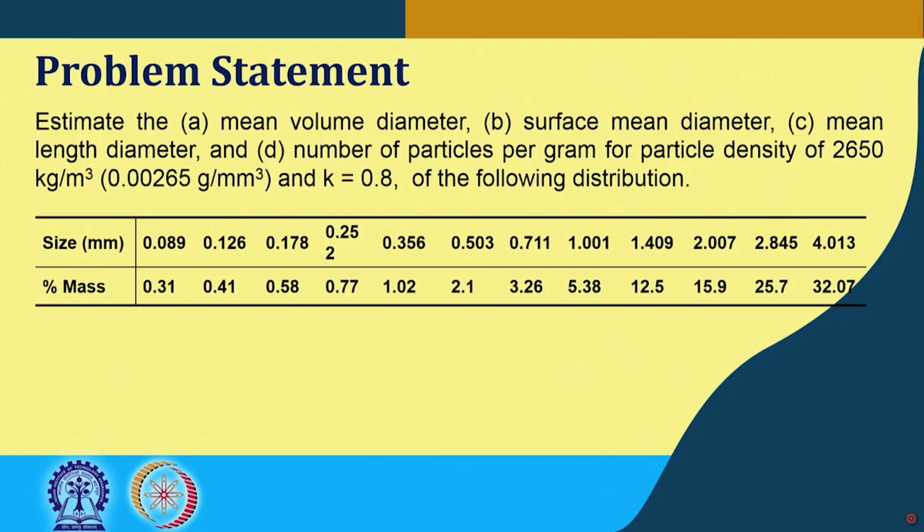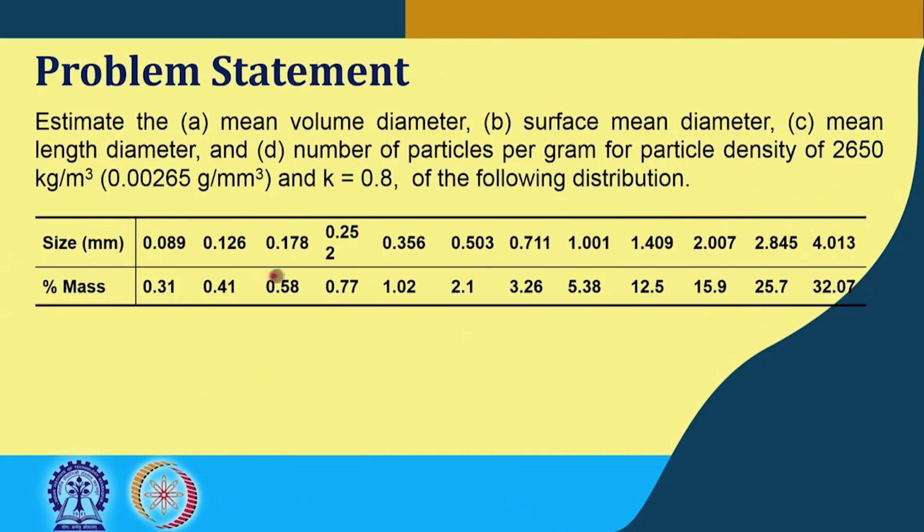In this table, the first row gives the sizes, and in the second row the percentage mass distribution is provided. So for a particular size there is a different percentage of mass fraction that we have got from some sample.